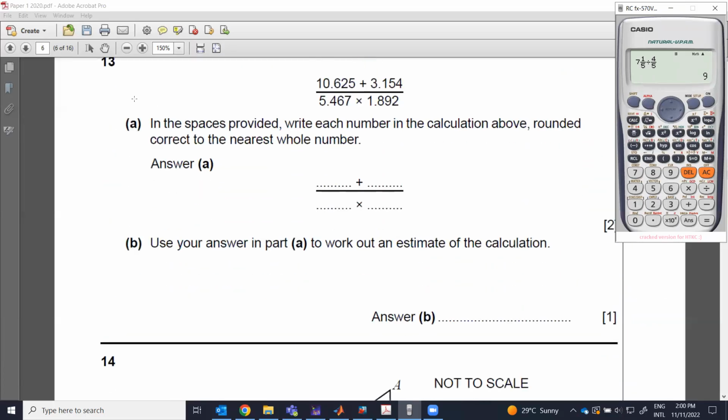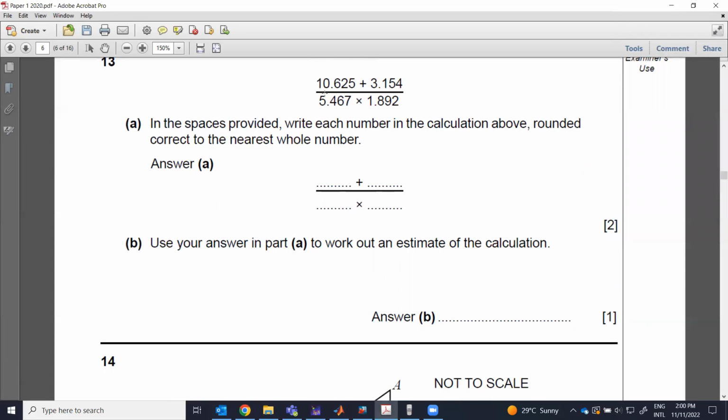Right, number 13, in the spaces provided, write each number in the calculation above, rounded correct to the nearest whole number. Okay, so we have 10.625. We look at the first number after the decimal, it's a 6. If it's 5 or more, then you round up.